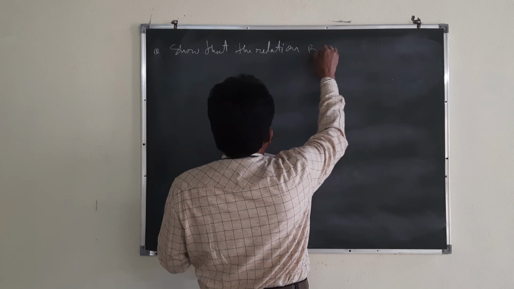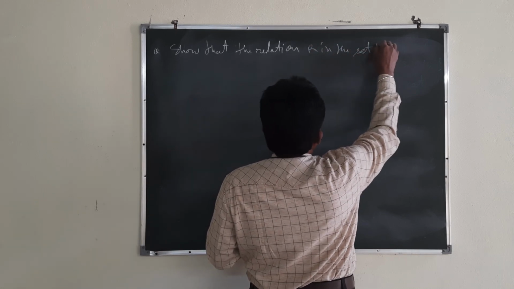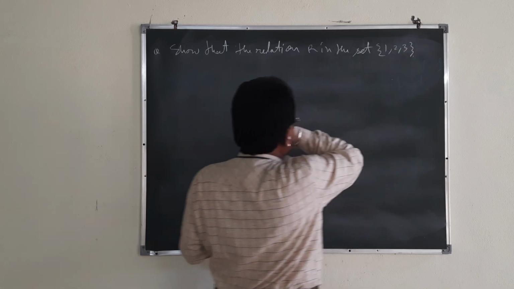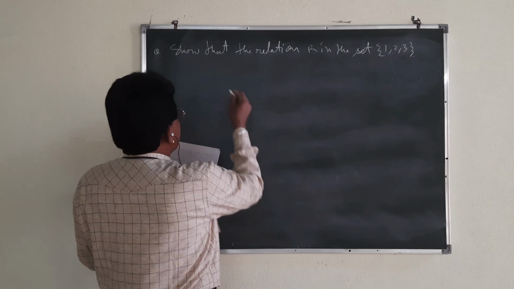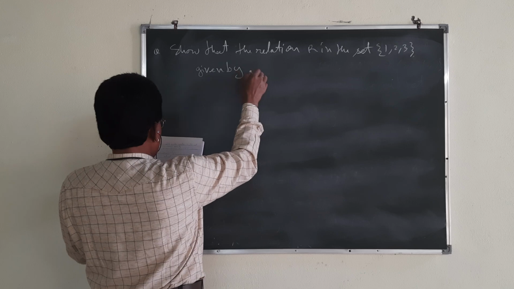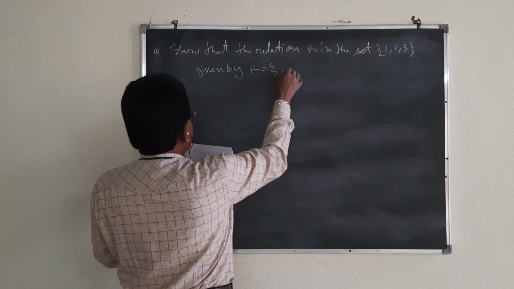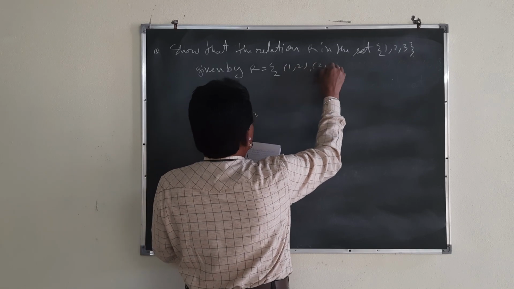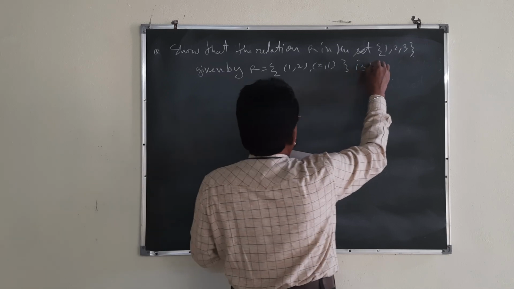Relation R in the set 1 2 3, which I have taken earlier. A similar kind of set I discussed a number of times with you, given by the relation. I am just going to write the relation over here: 1 2, 2 1. It is symmetric.